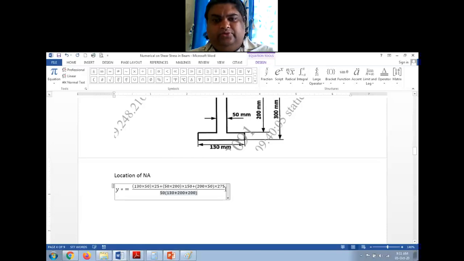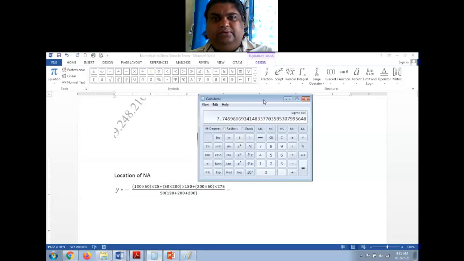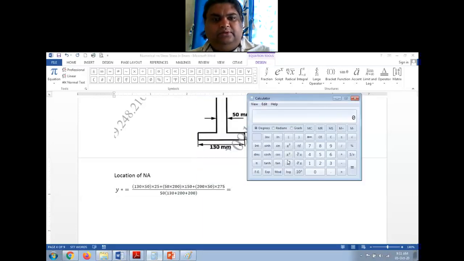Okay. So if I solve this, I will get the y star. So let us solve this equation. This 130 into 50 into 25 plus 50 into 200 into 150 plus 200 into 50 into 275.